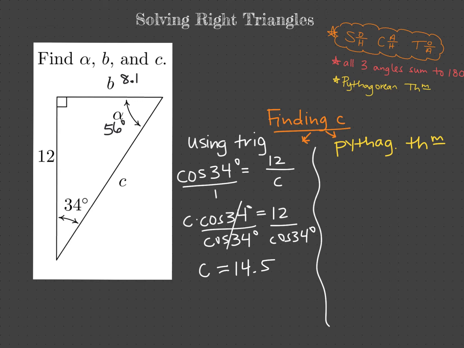All right, so we have found C using one method. We used trig. Next, let's find C using a different method, the Pythagorean theorem, and see if we do in fact get 14.5. We're going to take 12 squared plus 8.1 squared equals C squared. When we add 12 squared plus 8.1 squared together, we end up getting 209.61.